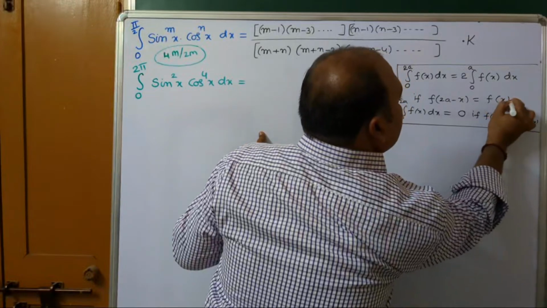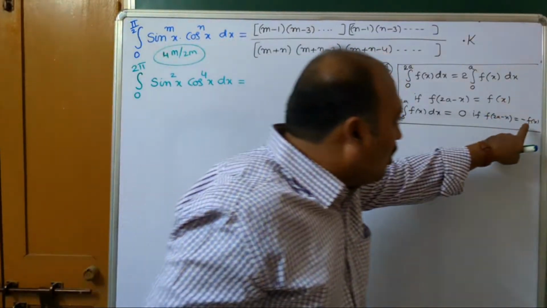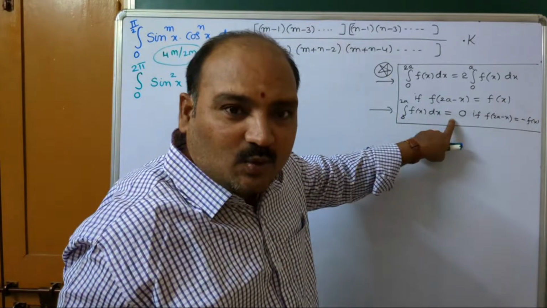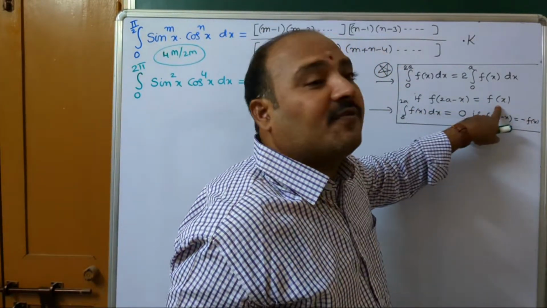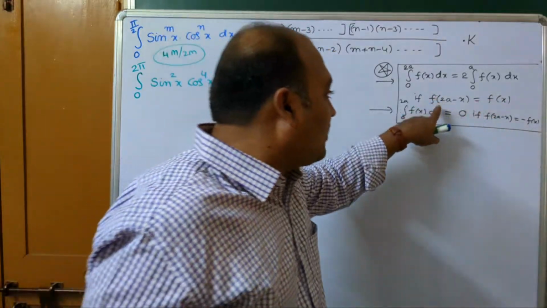If f of 2a minus x equals f of x, it is an even function; the other is an odd function.